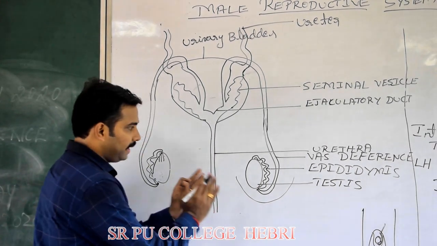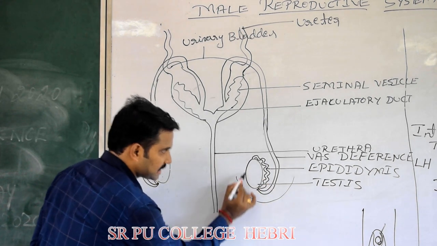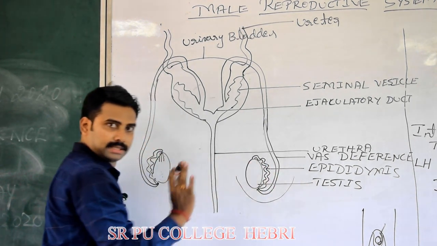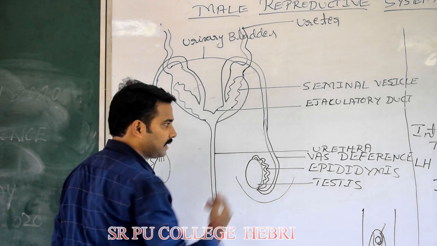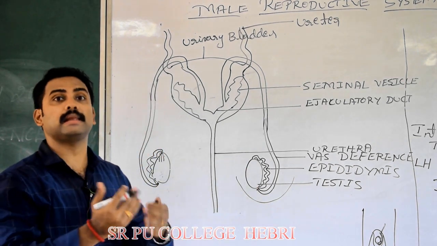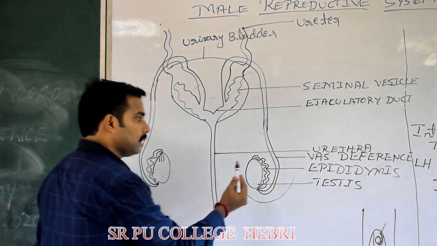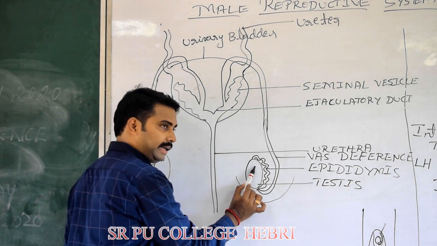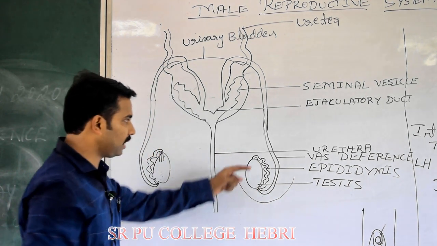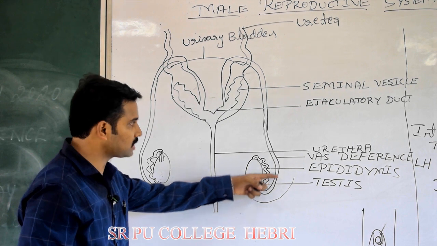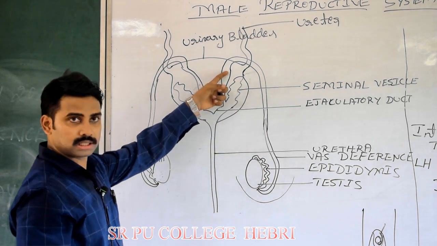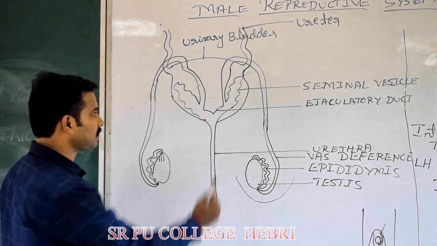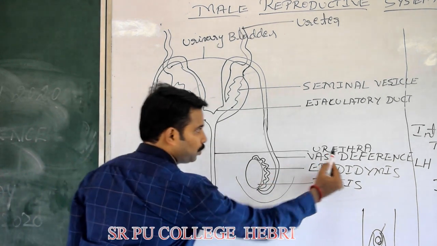So we completed the primary sex organ. What is that? Testis. Then we started discussing accessory ducts. Which ones? Accessory ducts include rete testis, vasa efferentia, epididymis, right? Vas deferens, ejaculatory duct, and even which one?